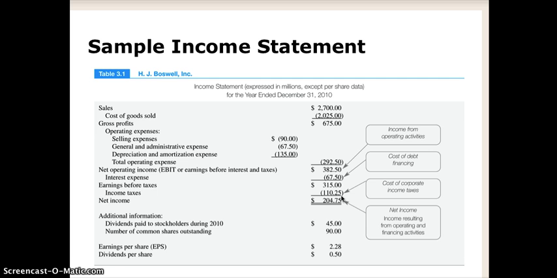Then they have a net income, which is the earnings before taxes minus your income taxes. And net income is considered to be the bottom line in a profit and loss or income statement. It's the bottom line within that. Now, what can a company do with net income? Well, they can do one of two things.